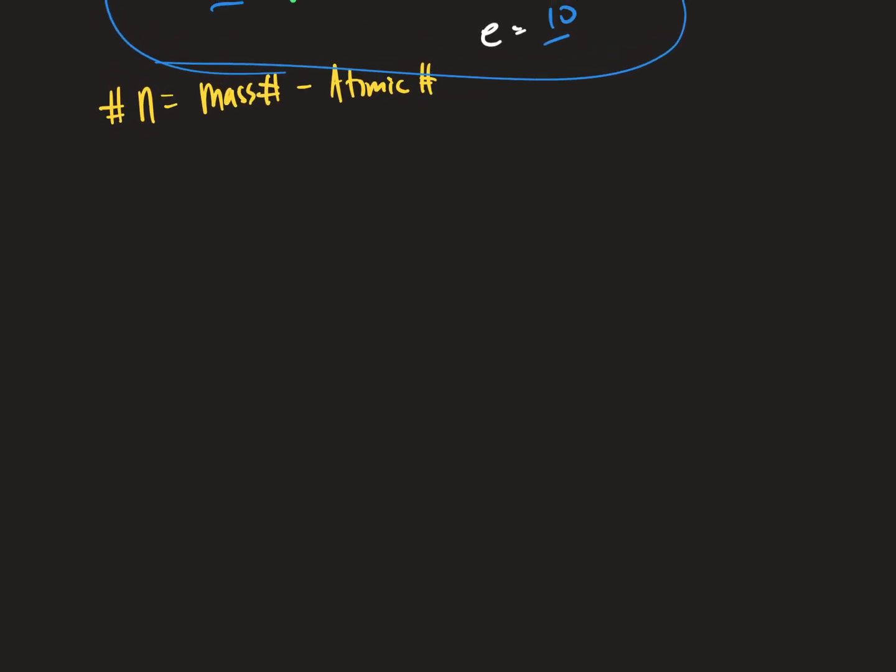Here's another one. Let's say we have 4 elements, or 4 isotopes. 4 elements, I should say, 4 atoms. And this one is 14, 12, 13.